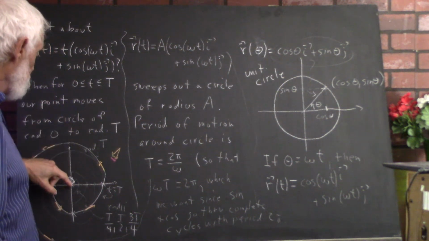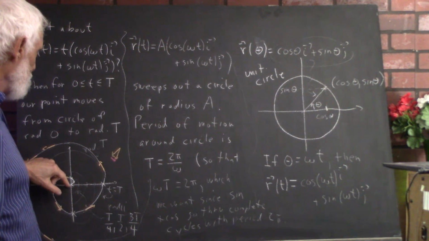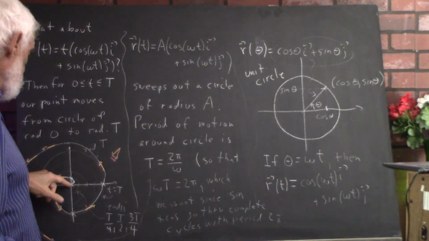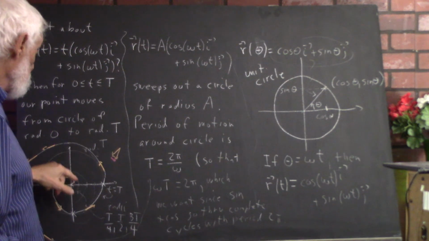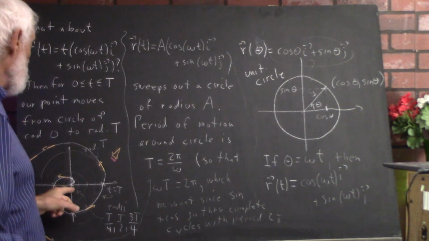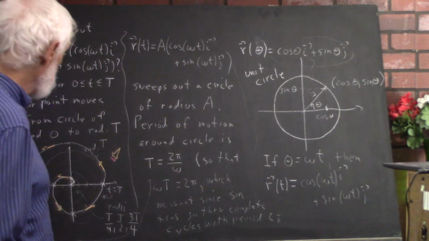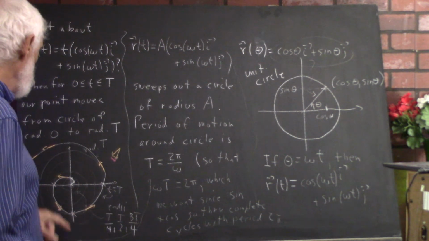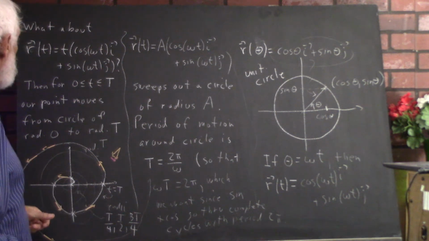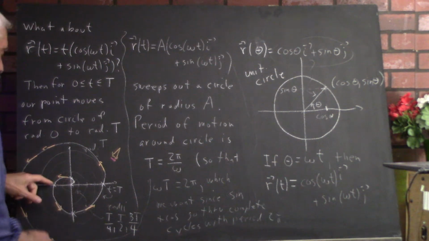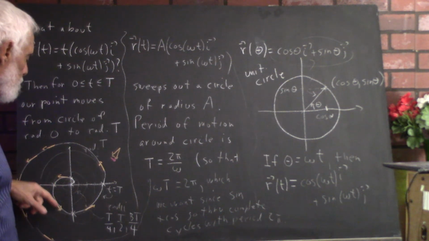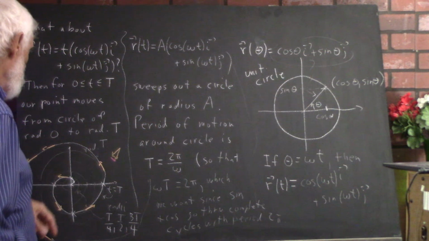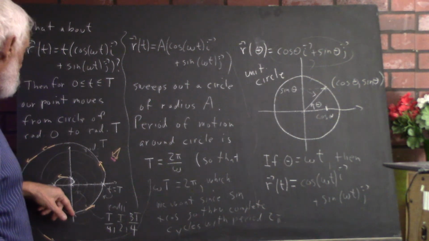You're going to be on the y-axis, and the length of your vector is going to be big T over 4. So you're going to be at this point on this circle of radius big T over 4 at the angular position pi over 2. That's this point here. And then when little t equals big T over 2, you're going to be on this circle, and the angle is going to be pi. Then you'll be on the circle of radius 3/4 T, and finally on the circle of radius T as the angle goes to 3 pi over 2 and 2 pi.